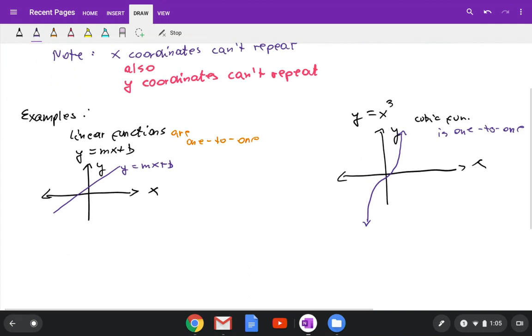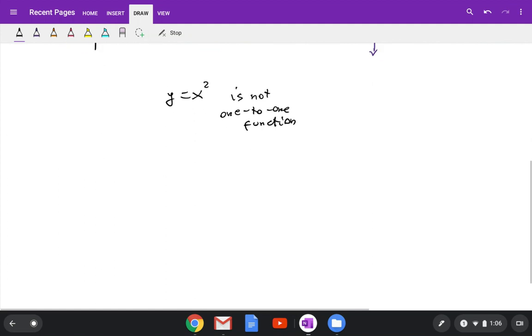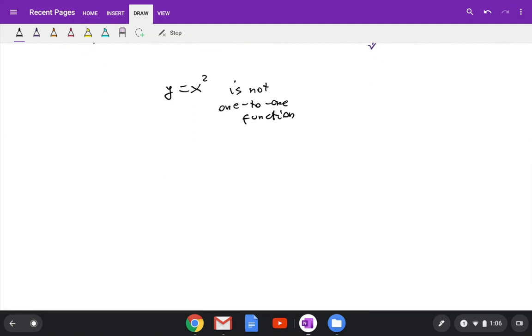However, y equals x squared is not one-to-one. Any quadratic function is not one-to-one. I'm going to graph the basic one, y equals x squared.